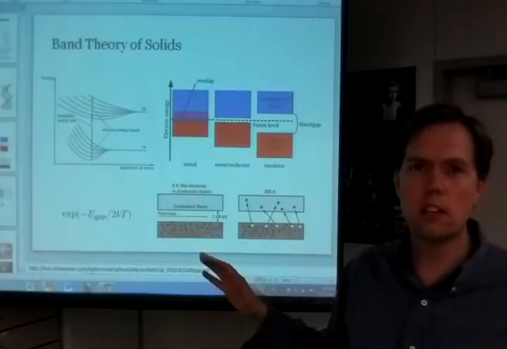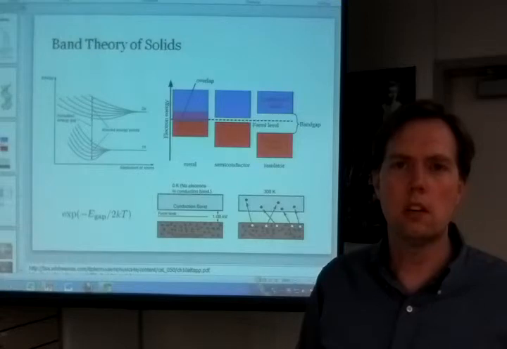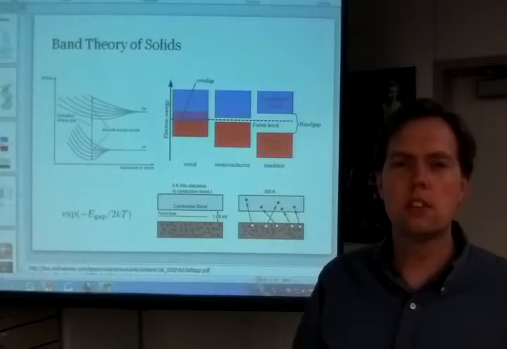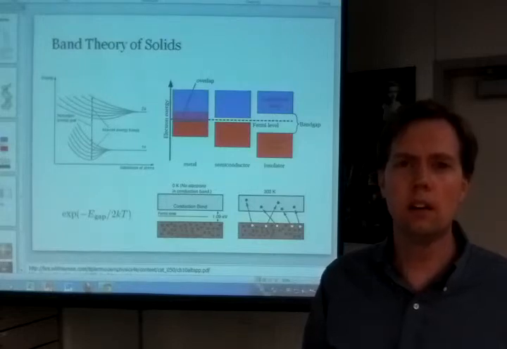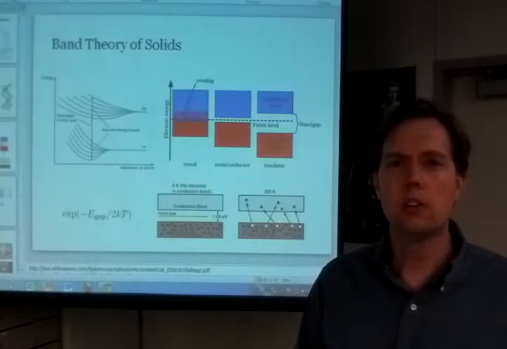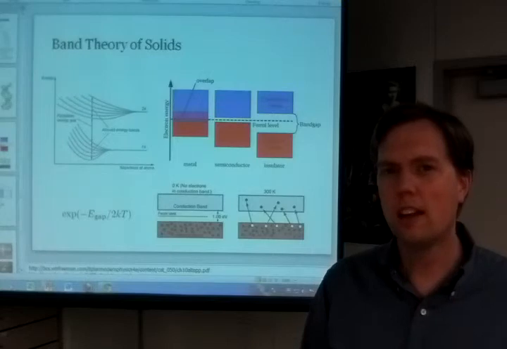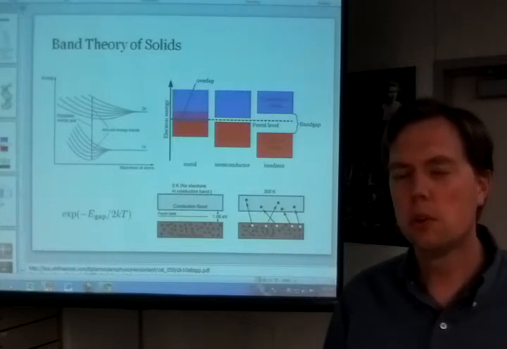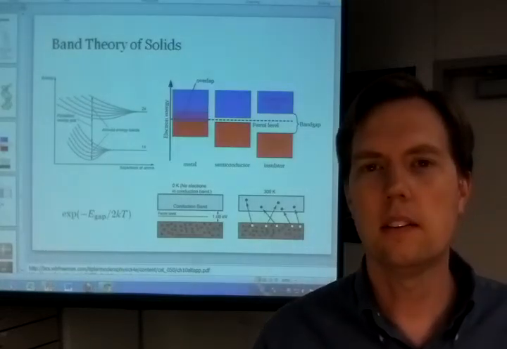Whereas in an insulator, it's kind of a yes-no situation. In a semiconductor, we have a situation in which at room temperature we can have a little bit of having our cake and eating it too. And we'll see how to utilize that going forward.